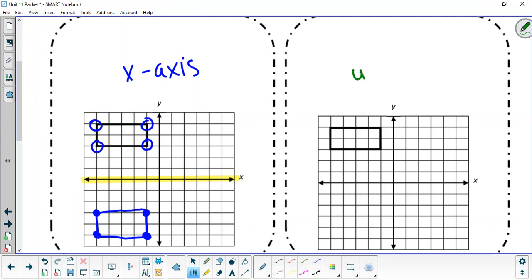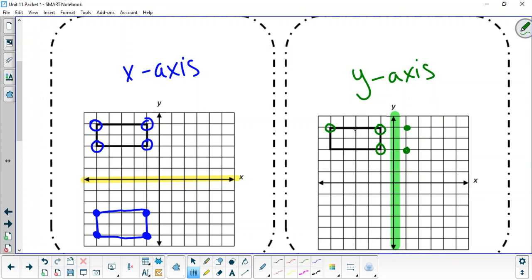The second line of reflection that we have is our y-axis, and that is your line that's straight up and down. So again, pick a point, count to your line of reflection, so 1, now go the other way, 1, plot your point. There's the next point, 1, and then 1.